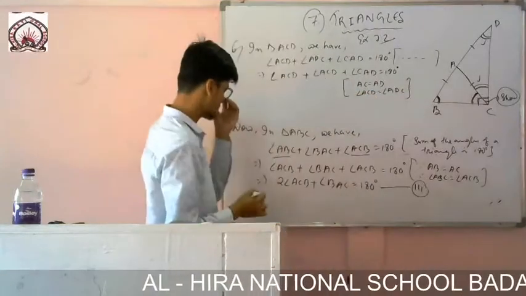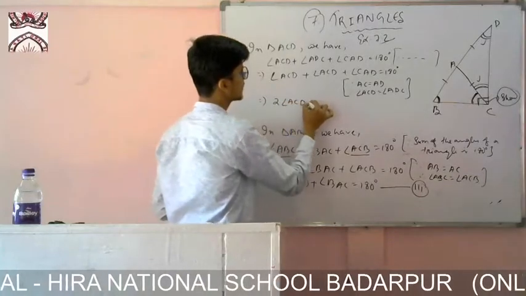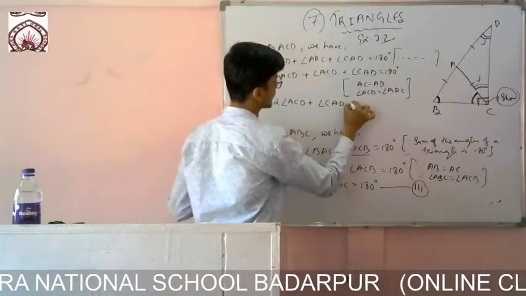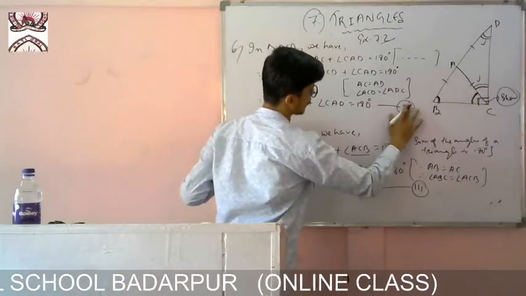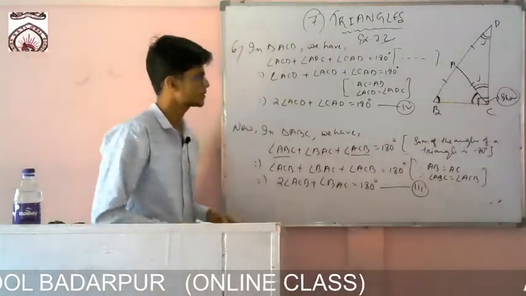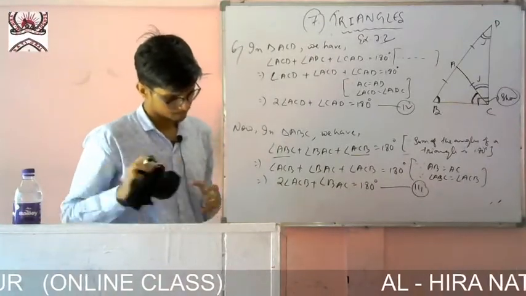This thing you give in reason. So now twice angle ACD plus angle CAD equals to 180 degree. This is our equation number 4.